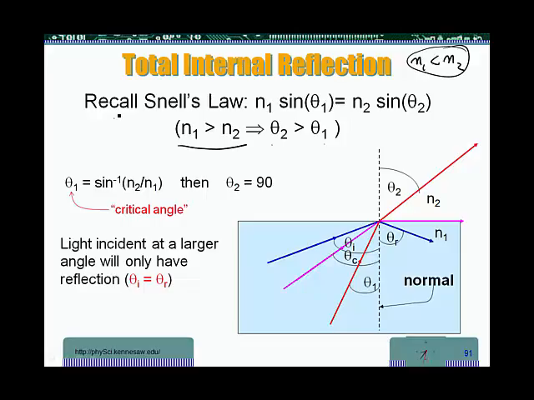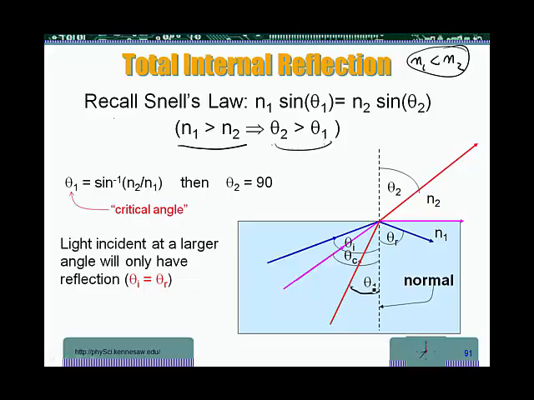Recall Snell's law. If n1 is larger than n2, that means theta 1 is smaller than theta 2. That's what we have. So instead of the angle of transmission being smaller than the angle of incidence, the angle of transmission is going to be larger than the angle of incidence. So the beam is going to bend away from the normal as opposed to towards the normal.